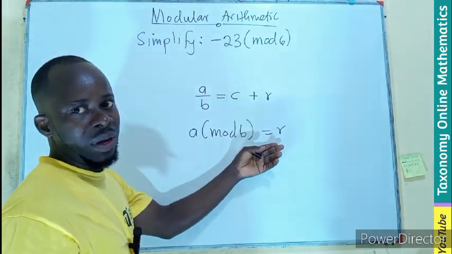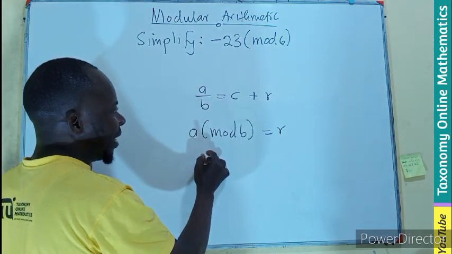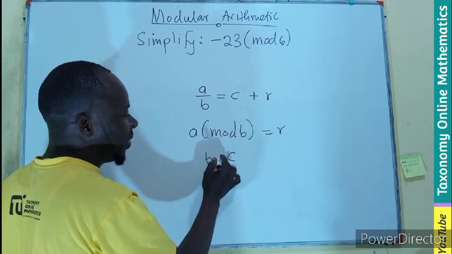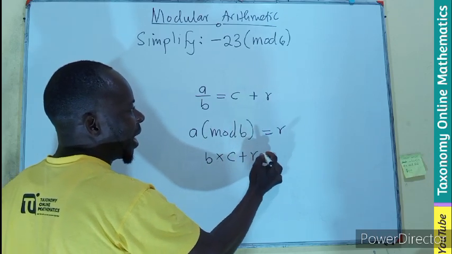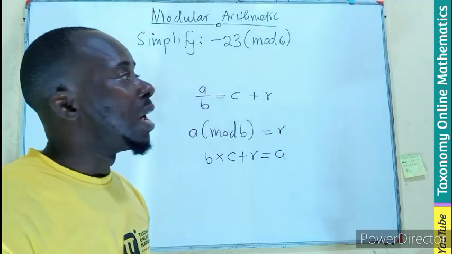The same way, when you multiply B times C and you add the remainder, you should be having A. That's the concept of modular arithmetic.